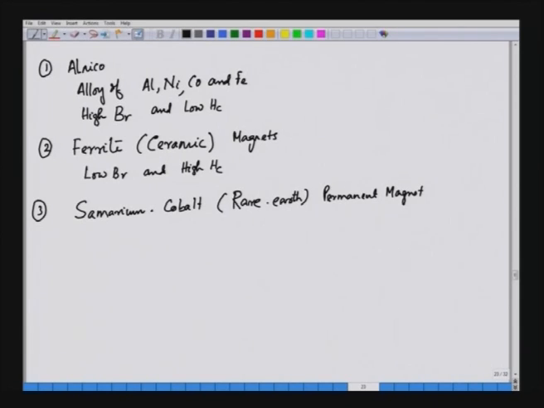Both Br and Sc are high, and they are also very expensive. So, we can also mention that they are expensive.